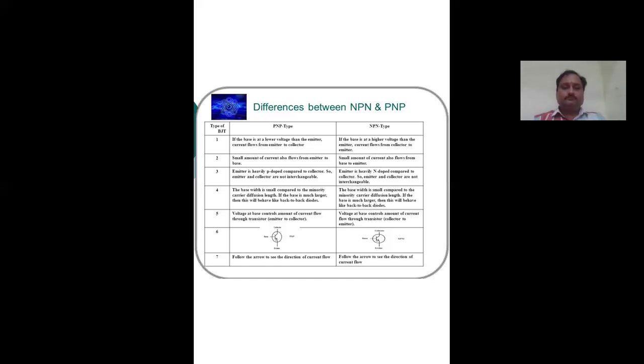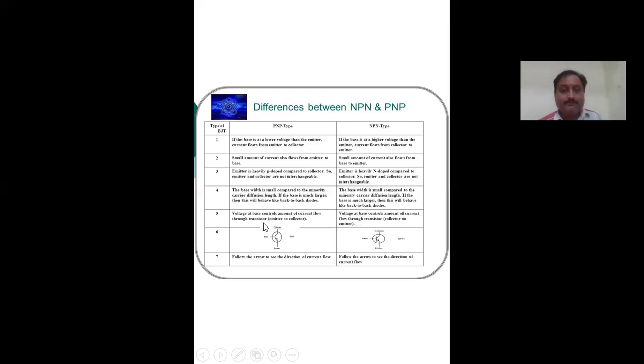And what are the minority charge carriers? Electrons are minority charge carriers in P-type semiconductor. Holes are minority charge carriers in N-type semiconductor. This majority and minority plays a vital role in the junction or in the depletion region.